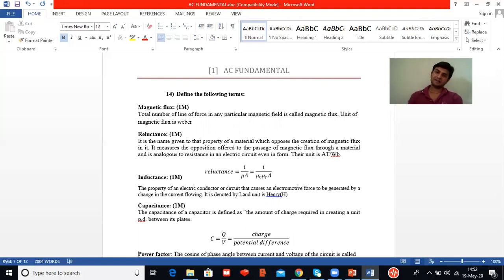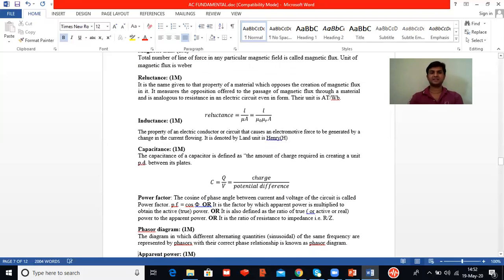Reluctance is analogous to resistance. The resistance opposes the flow of current. Here, the reluctance opposes the flow of flux. Then next is inductance. The property of an electrical conductor or circuit that causes an electromotive force to be generated by changing current flowing through it. The unit of inductance is the Henry.